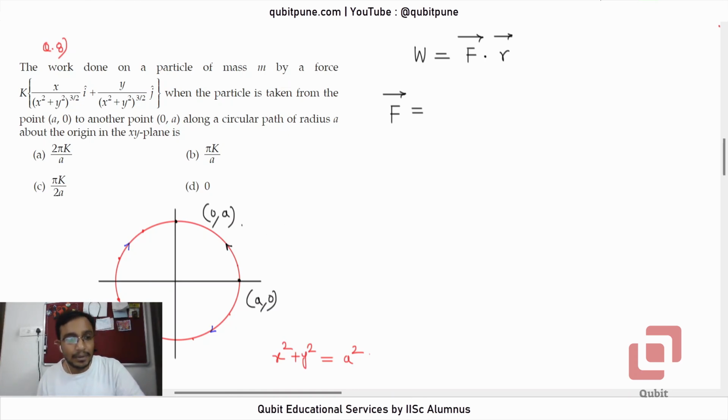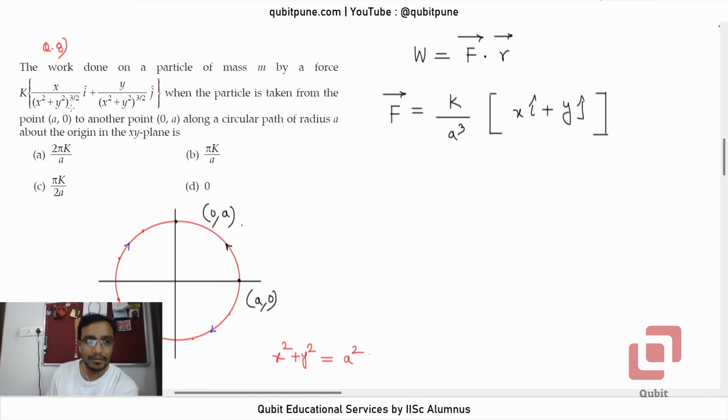So I can now re-modify the equation of the force as k upon a cube into (x i cap plus y j cap). The square root of a squared is a, and its cube is a cube.